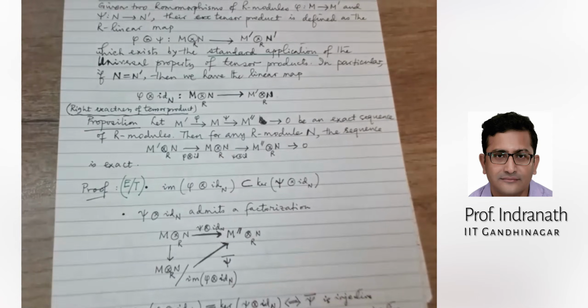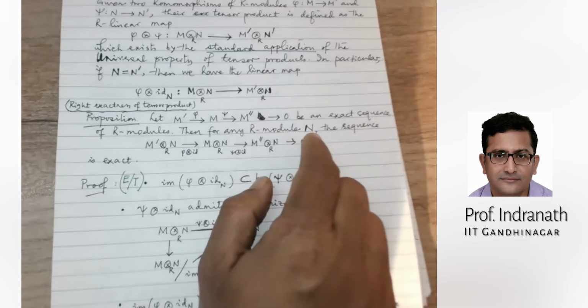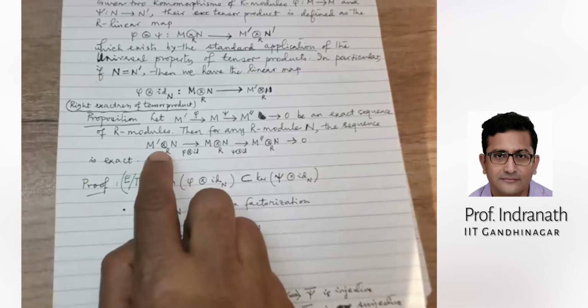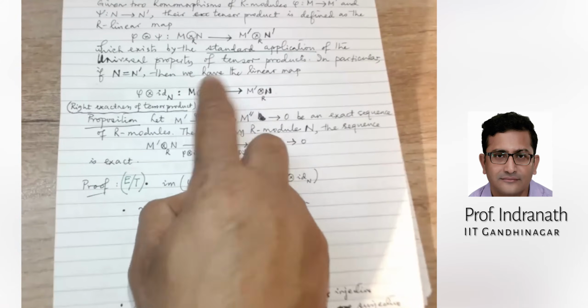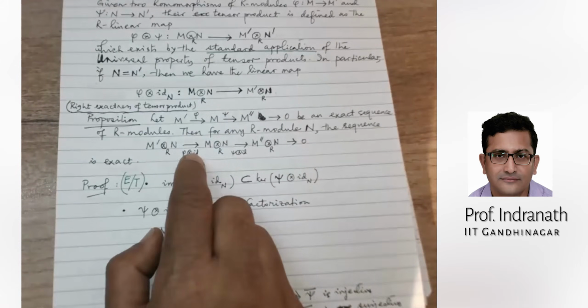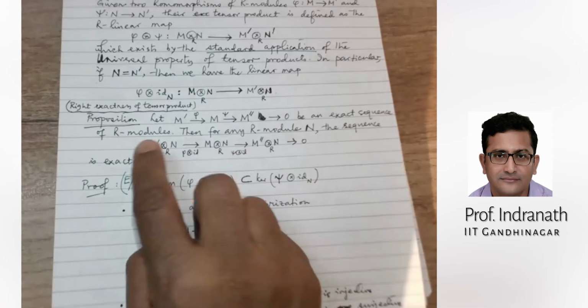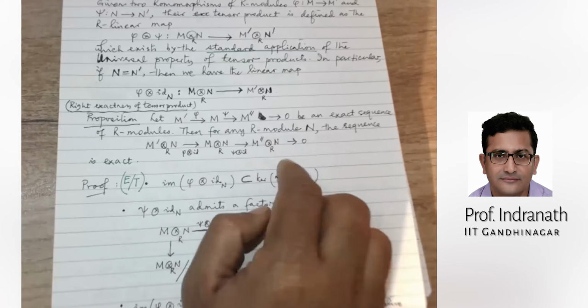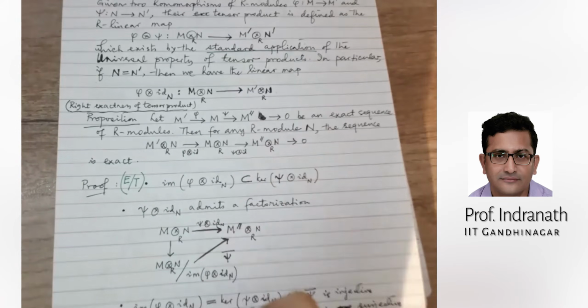That is the definition of an exact sequence. Then if you take any R module N and tensor, then obviously, as we have just discussed, you have the tensor product of the maps, and it gives rise to another sequence. So the question is whether that is exact or not. The answer is yes. Okay.